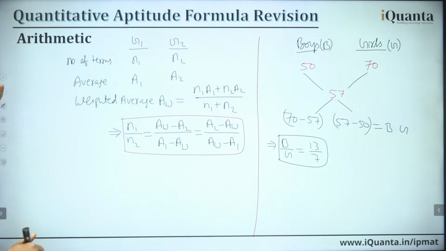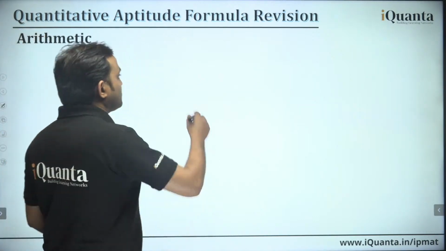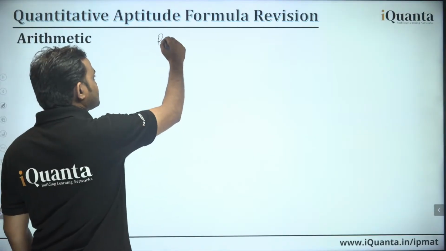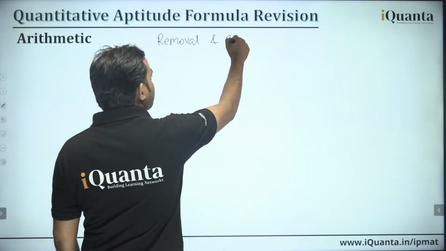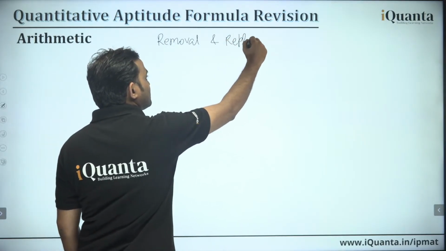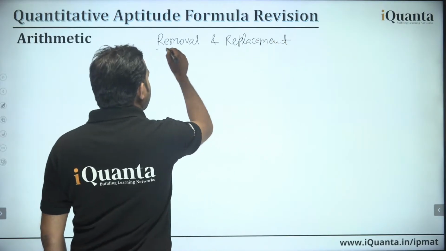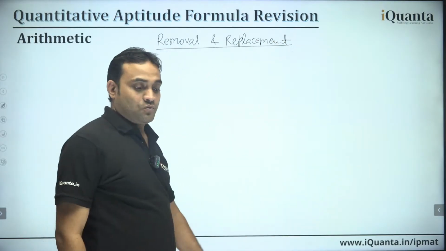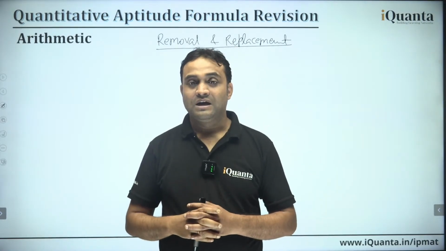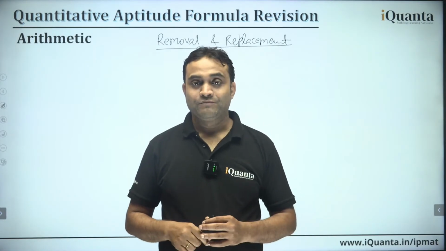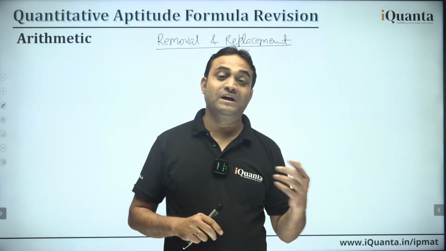Okay, now what about the removal and replacement concept? Let's say the initial volume is V, and in that V there are two different elements, let's say milk and water.